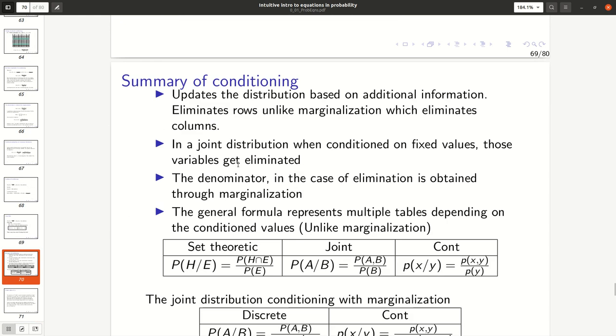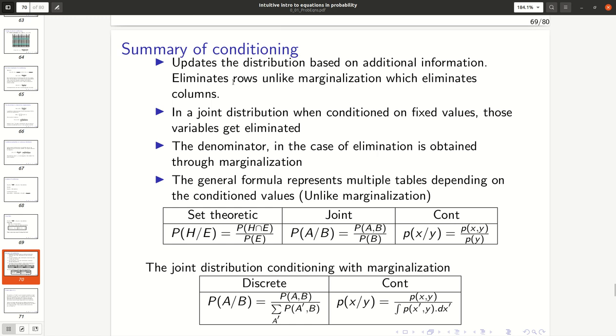So let's summarize what we have learned on conditioning. Conditioning updates an existing distribution based on additional information. It eliminates rows, unlike marginalization, which eliminates columns. In a joint distribution, when conditioned on fixed values of a particular variable or any set of variables, those variables get eliminated.